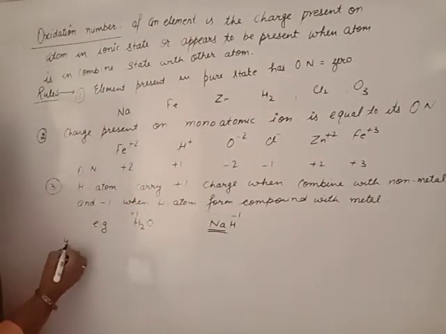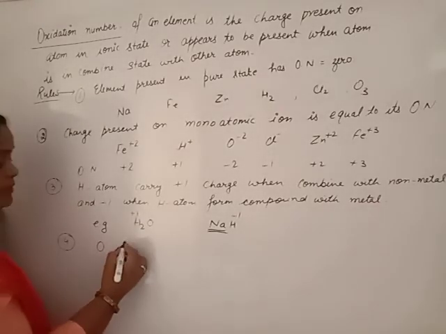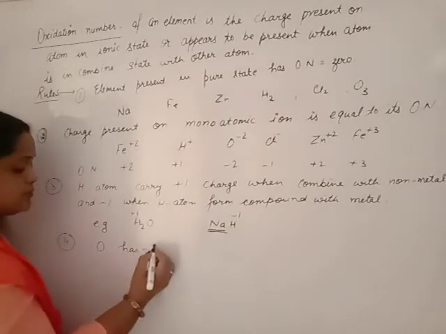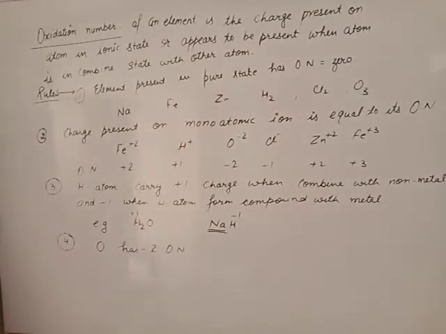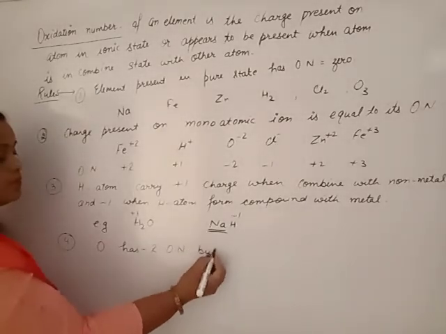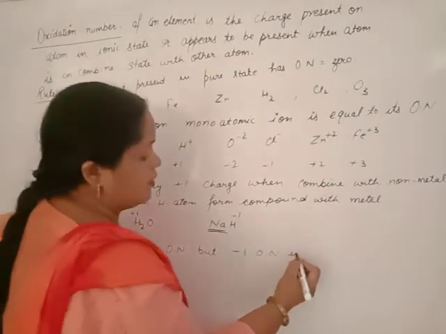Now, normally oxygen in all salts has -2 oxidation number. In 99% of cases, oxygen carries -2 oxidation number. But it has -1 oxidation number in peroxides.